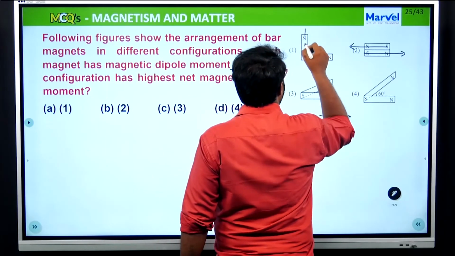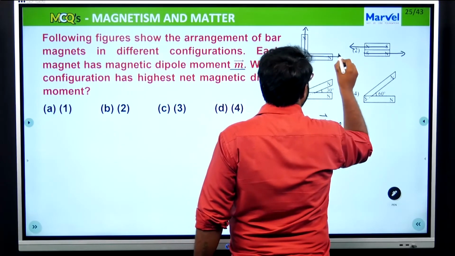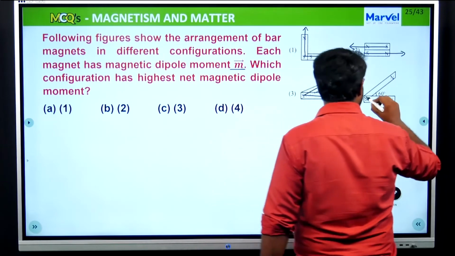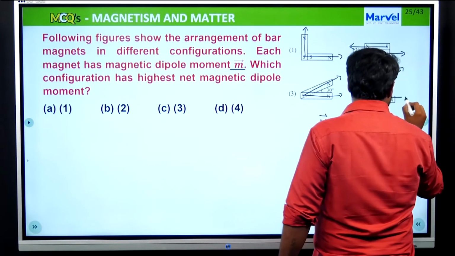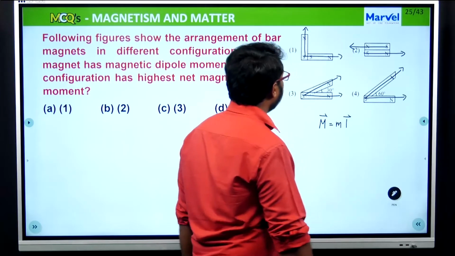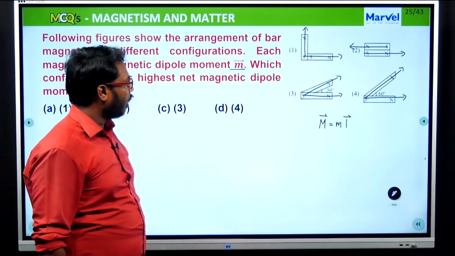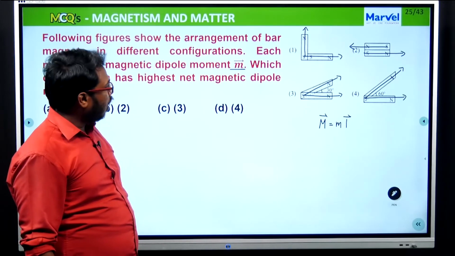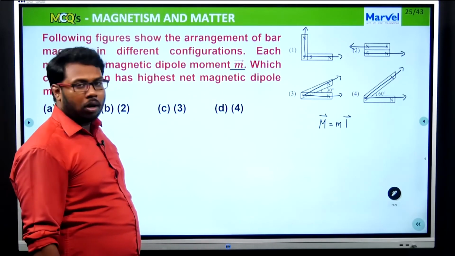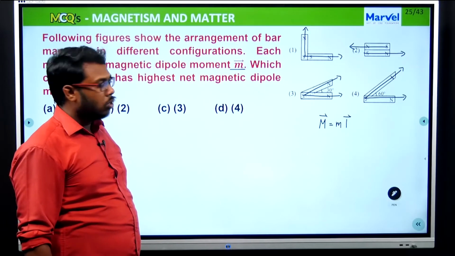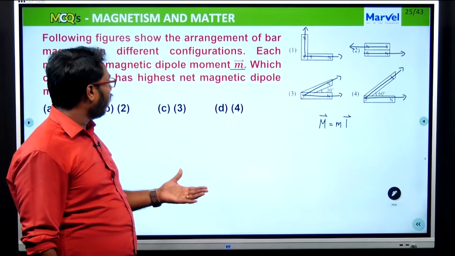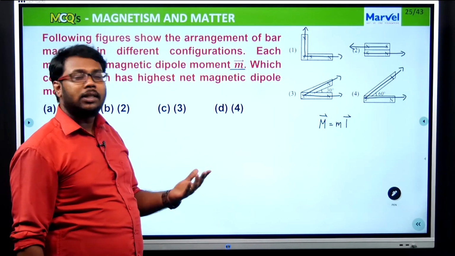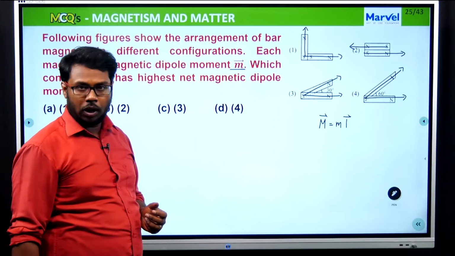So let me draw the individual magnetic moments for each configuration. These are vector quantities and each vector points in a different direction. So in order to find the net magnetic dipole moment, you have to take the resultant for the individual configurations.